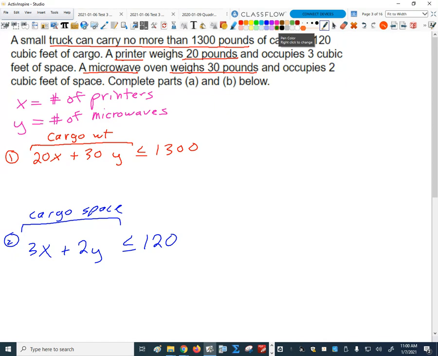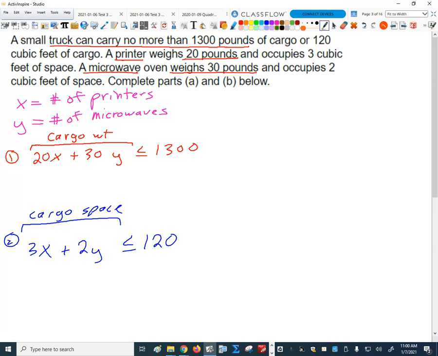Okay, so now that looks pretty good. But remember, we talked on Tuesday, we were looking at some stuff on inequalities. I think we were looking at a problem where we had apples and oranges. And I mentioned that something that's really important when we're dealing with physical things like this is that we can't have a negative number of something physical, right? I can't have a negative number of printers or a negative number of microwaves.